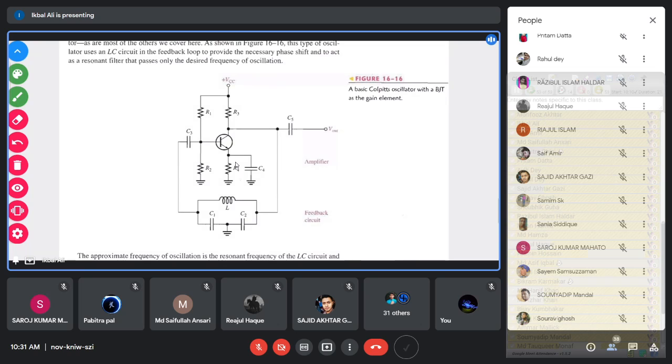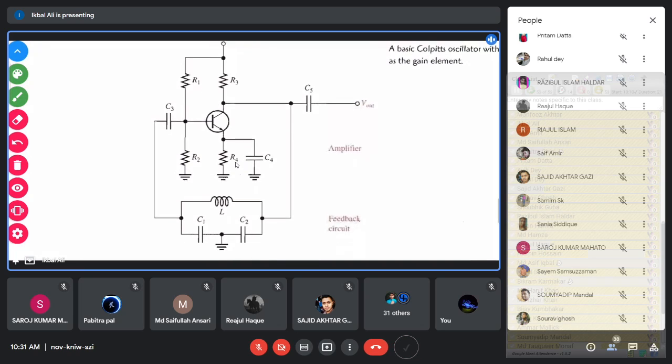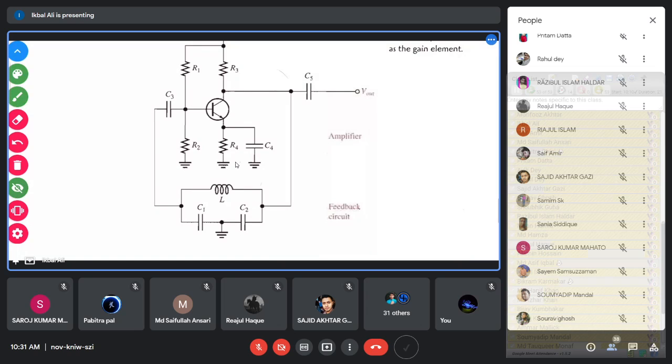And let me remind you how to calculate the frequency. Frequency is determined by this tank circuit. And you know from the AC analysis of the parallel circuit, that is the inductor and capacitor parallel circuit, that this circuit is a resonant circuit.